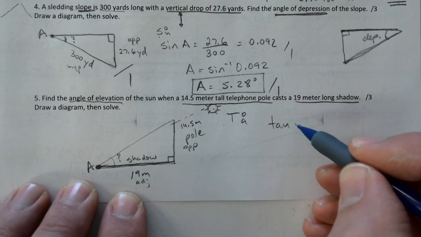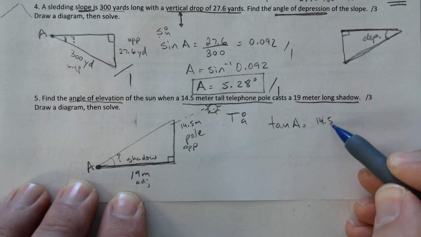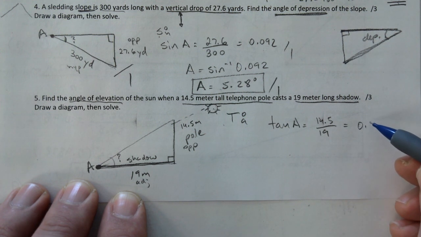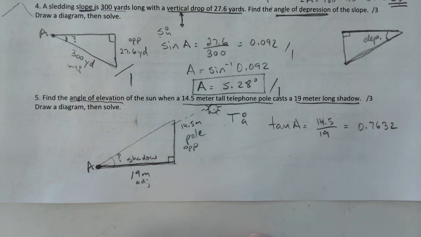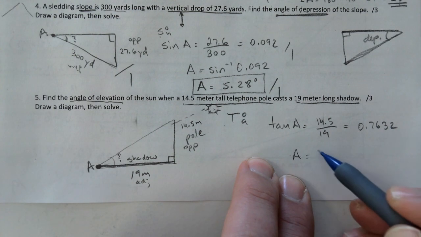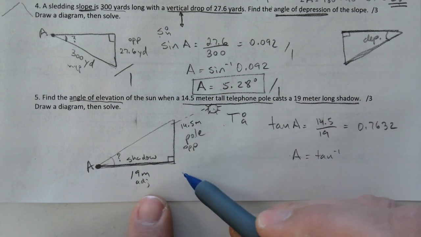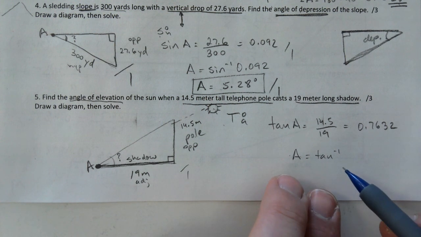So tan of A is going to be opposite over adjacent, which is 0.7632. It's so repetitive, guys. I know this is tough, the diagram, I get it. But the solving part, you can still score marks there, okay?